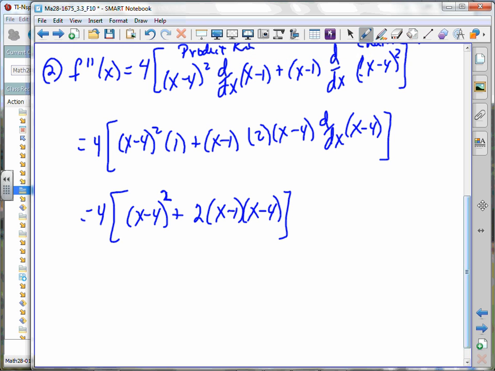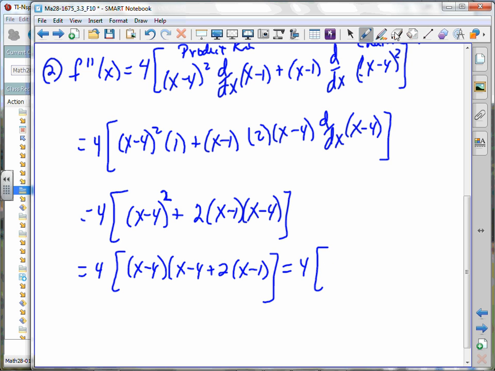And now that I have that done, I guess I could factor in an x minus 4, couldn't I? It depends on how far you want to take this, but what's my next big step going to be? Set it equal to 0. Yeah, exactly.